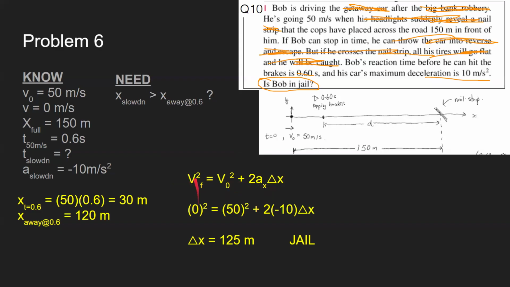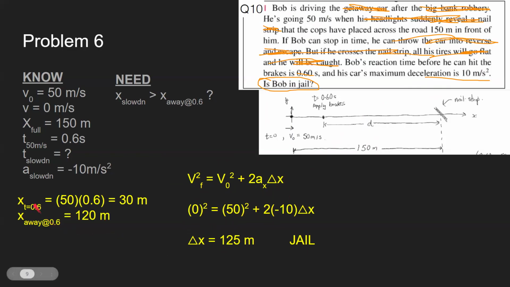Plug in these values because we know all of them. Final velocity is 0 because he comes to a stop. 50 is what he started at. Deceleration is negative 10. And so that means that he goes 125 meters in that time when he's slowing down.